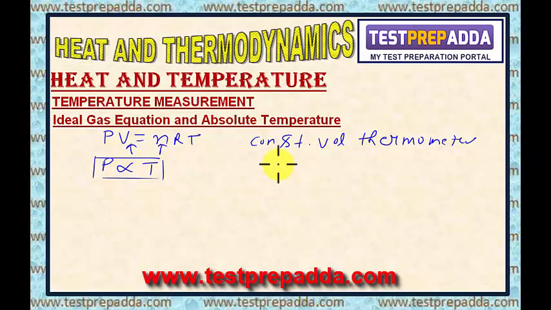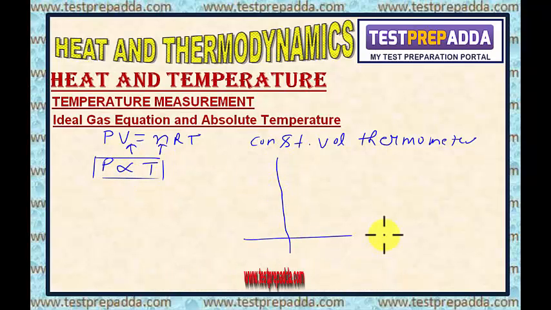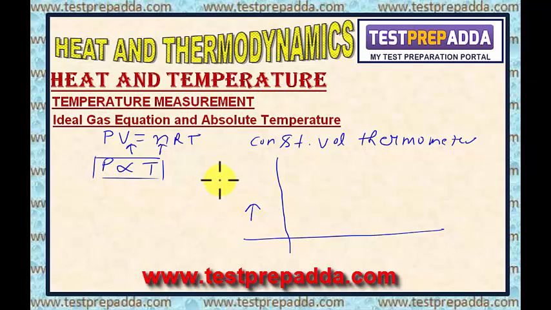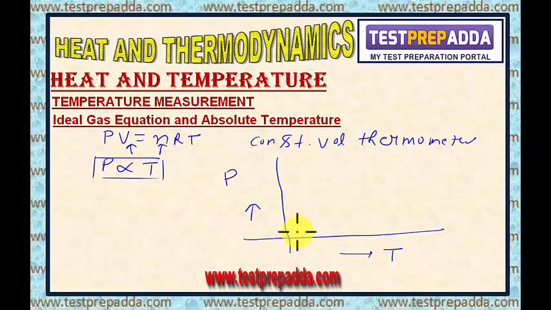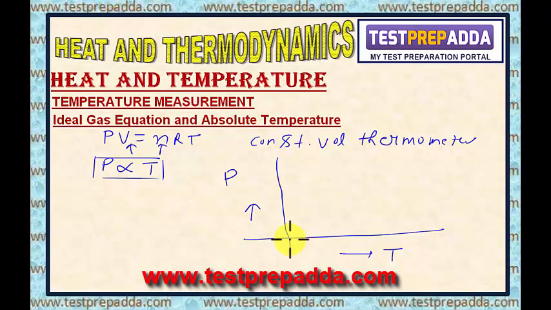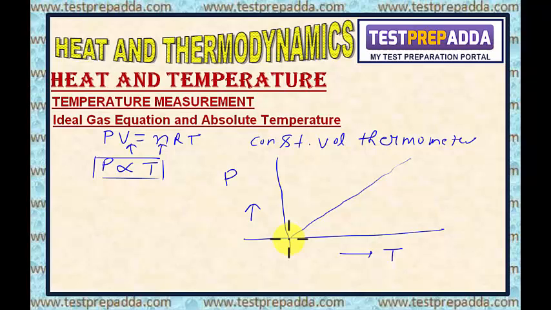So if I draw a graph between pressure and temperature, then the graph comes like this. And here we can clearly see mathematically that at 0 Kelvin, the pressure of the gas is 0.